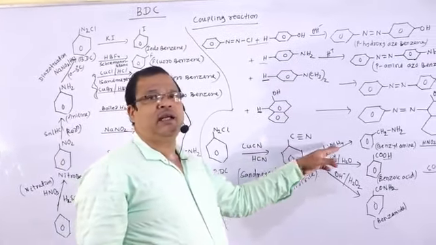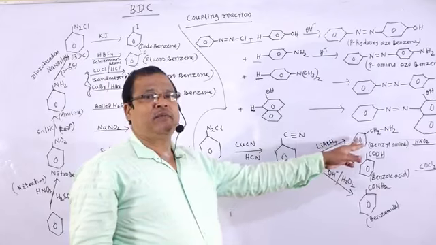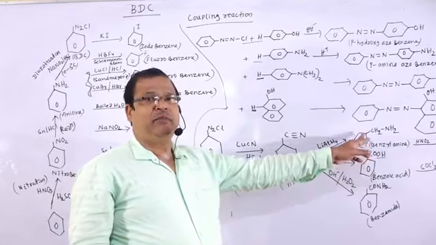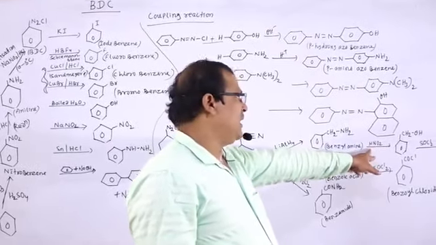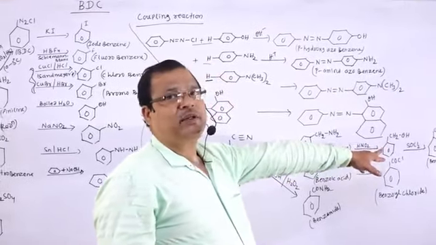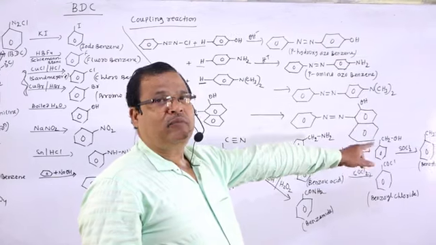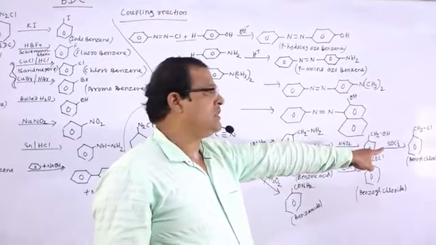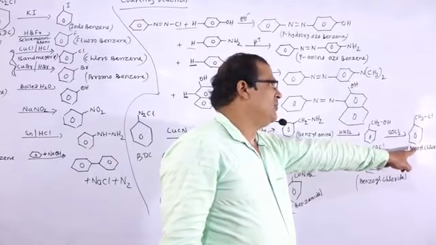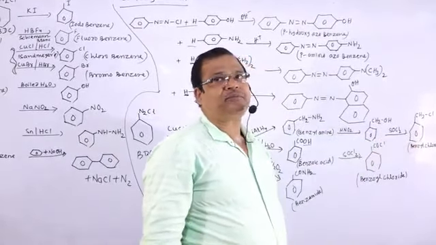Benzonitrile treated with LiAlH4 forms benzylamine. Benzylamine treated with HNO2, NaNO2 and HCl forms benzyl alcohol. Benzyl alcohol treated with PCl3, PCl5 or SOCl2 forms benzyl chloride.